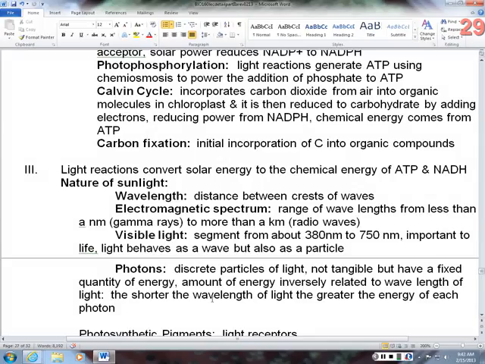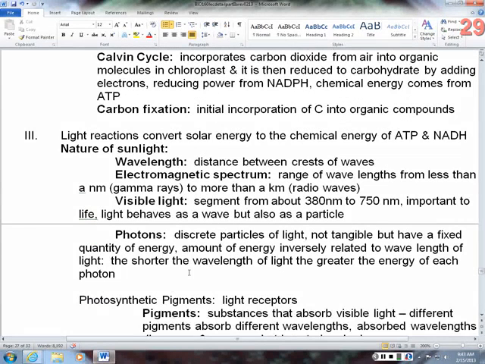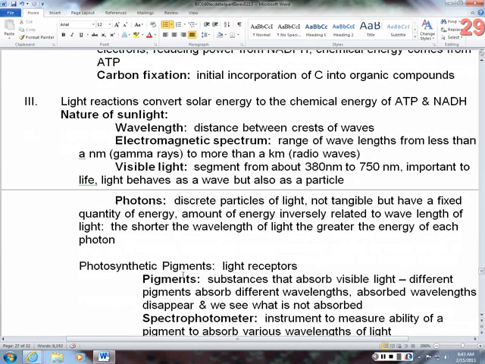And one of the things we know about visible light is it not only behaves as a wave, it can behave as a particle. And when we're talking about it behaving as a particle, we talk about it as a photon. So photons are your discrete particles of light. They're not tangible, but they do have a fixed quantity of energy.